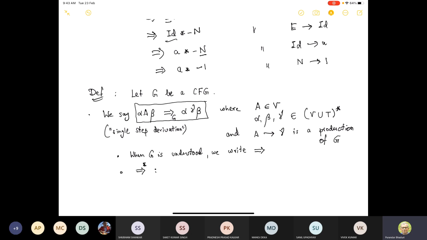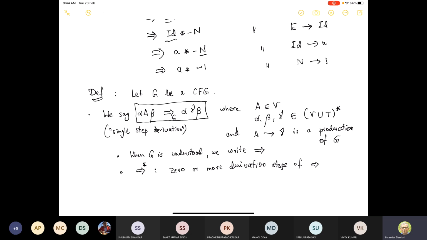And further, this double arrow star denotes 0 or more derivation steps of this double arrow, right?